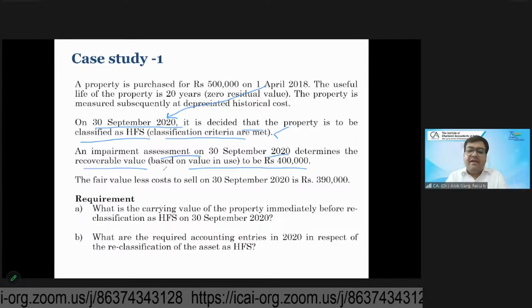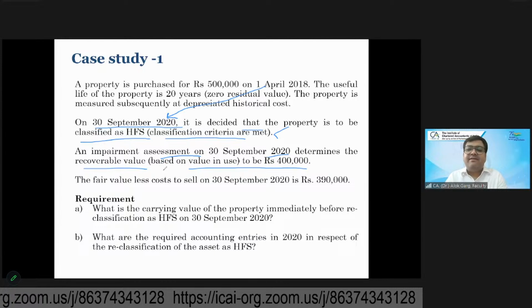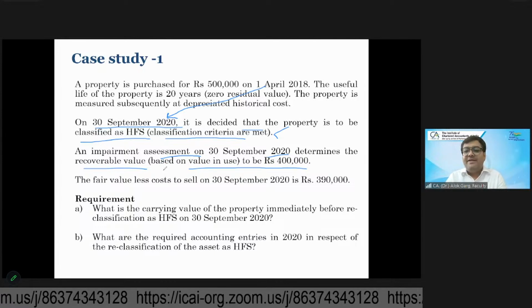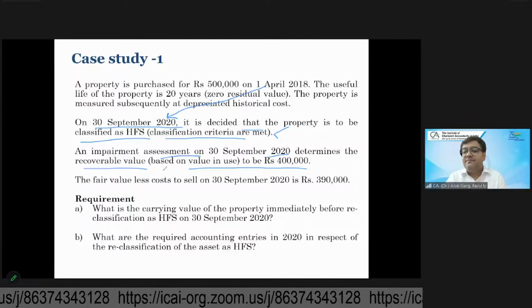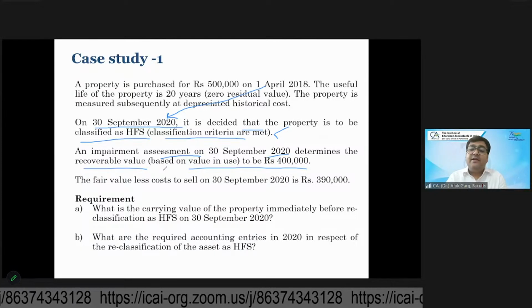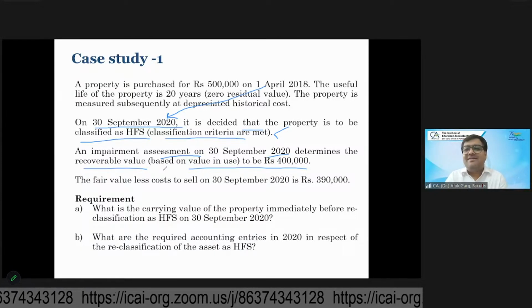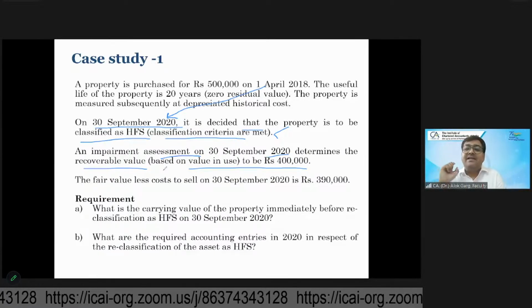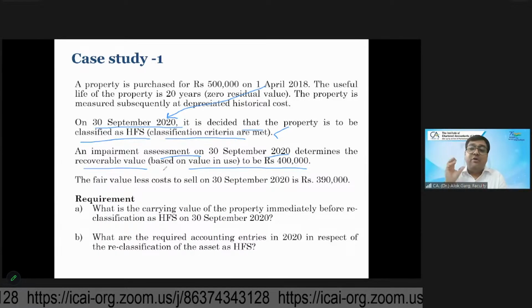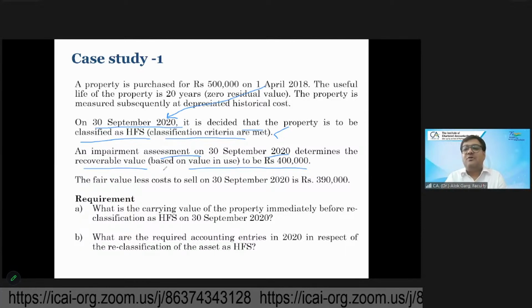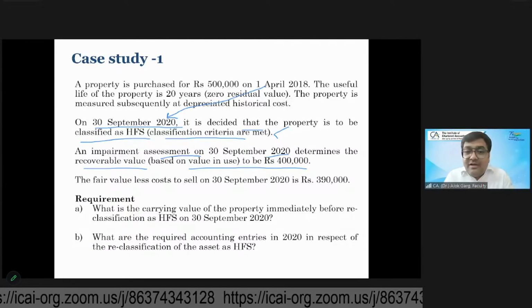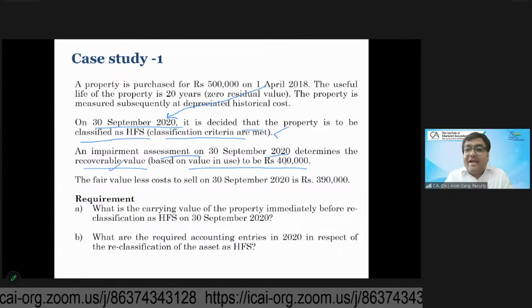Is it my carrying value? Whether 4,37,500 is my carrying value, do I need to deduct something? Yes. The formula is not only cost minus accumulated depreciation, it is cost minus accumulated depreciation minus accumulated impairment losses. You have to check your impairment assessment also, right? The question has given you that the recoverable value is 4 lakh only.